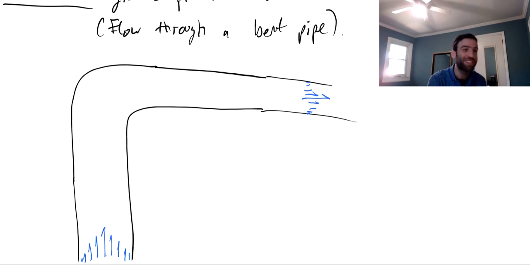This all actually gets kind of interesting and complicated. One way we can think about this is in terms of the centripetal accelerations we thought about in uniform circular motion earlier in this class. As I follow water around this bend, it's rotating, as if it's going partly through some kind of circular motion.